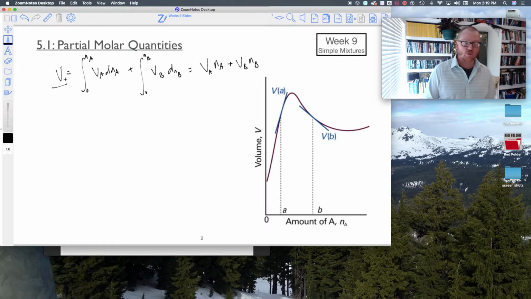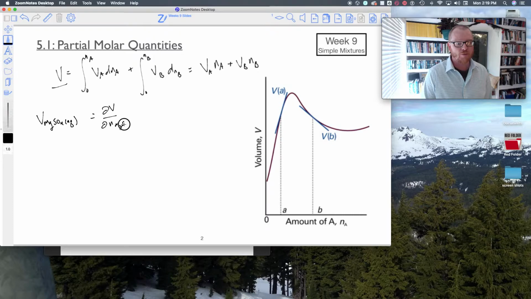What also becomes cool is if I go now to this partial molar quantity, and I'm going to give you an example for partial molar quantities of aqueous magnesium sulfate, which I'll remind you would be partial of V, partial of n, the number of moles of magnesium sulfate.